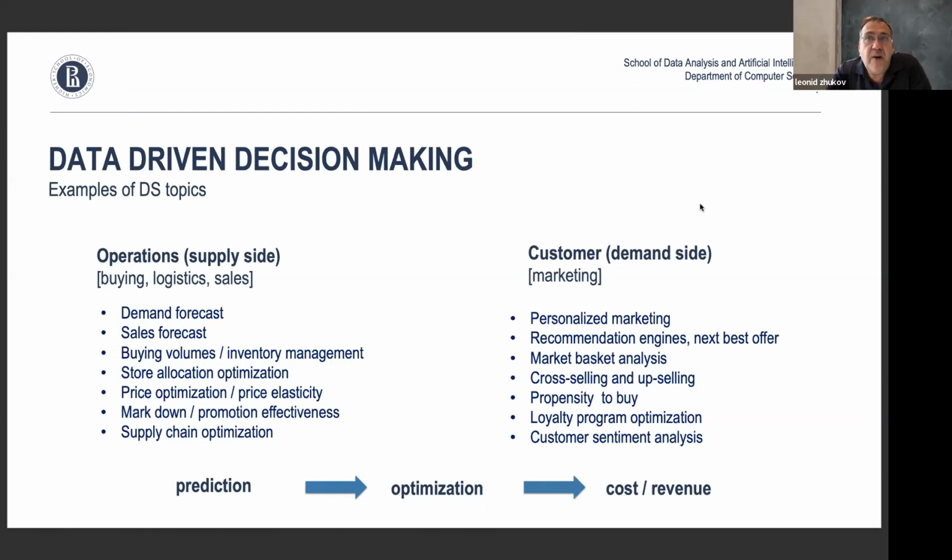It's about buying in bulk. It's about predicting how much you need to buy. And the first thing to do is try to predict the demand, right? What the demand on the different items would be.